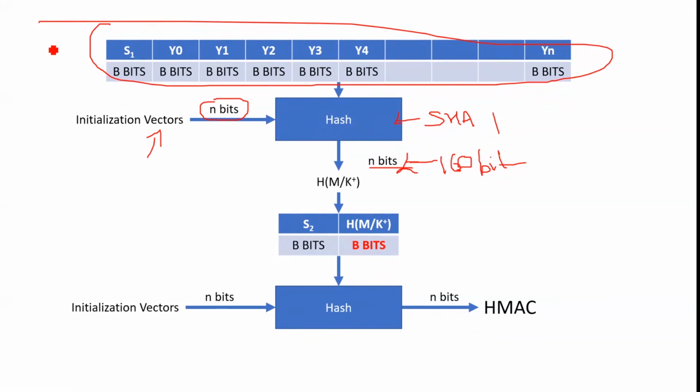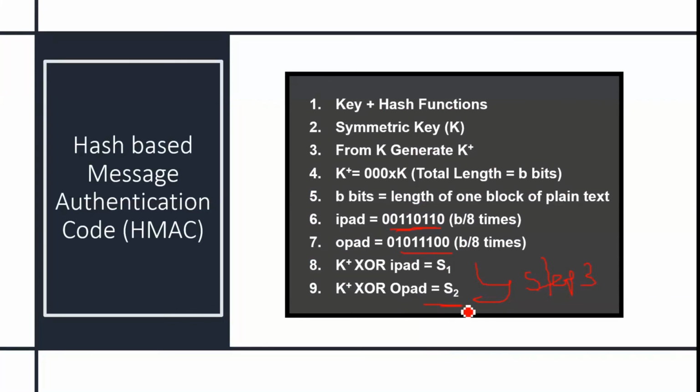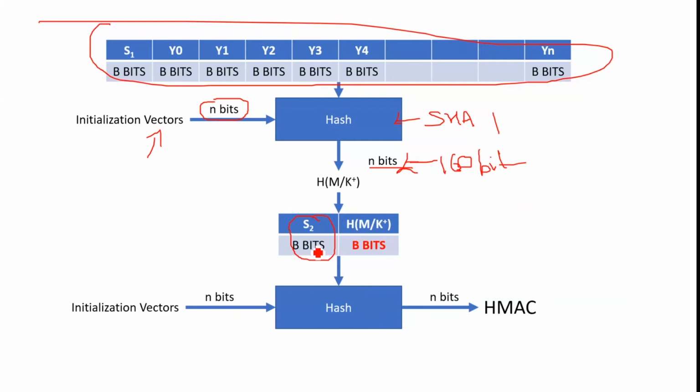In the second step, we again append S2 bits. The S2 that we generated is appended here. What do we append with it? The hash that was generated, but we convert the hash into B bits first.